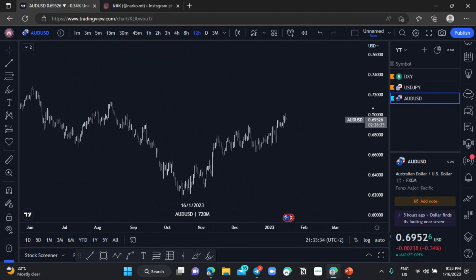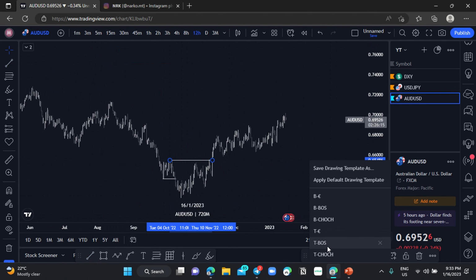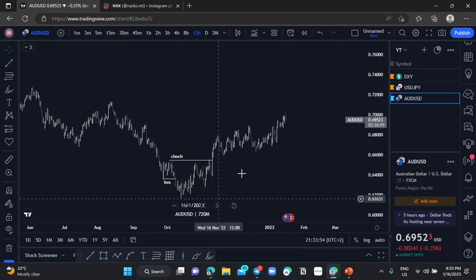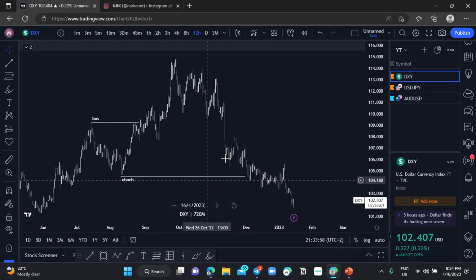Okay, so now let me just clear that out, and as you can see, the dollar index and the AUD, the Aussie dollar, has formed the same schematic, but inversely. As you can see here, there is a break of structure and a change of character, but inversely, like the dollar index one.